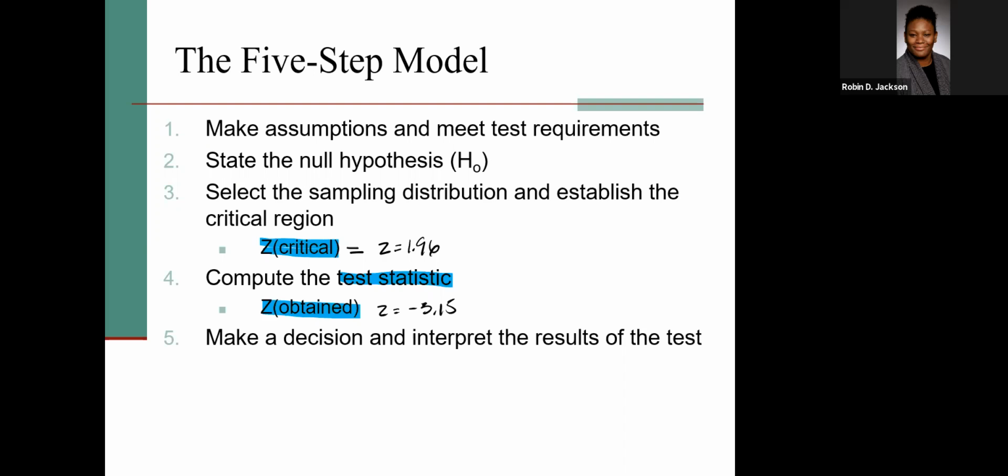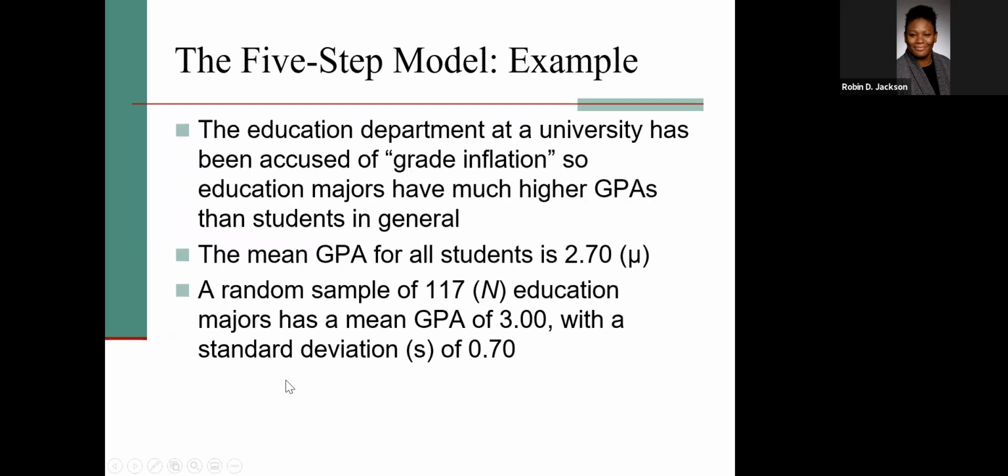Okay, so let's go ahead and start going through these steps. All right, so here's our example. We're going back to the education example. You remember, we have the education majors, who have much higher GPAs than students in general.